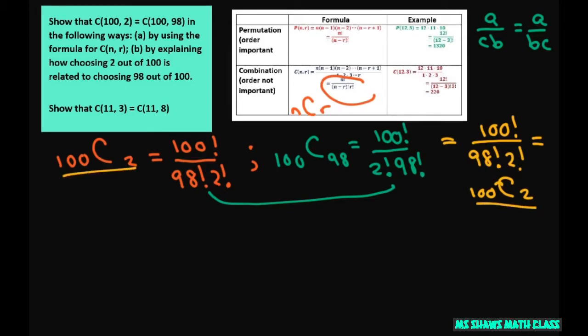Now for the second part, B, so this was A. So for B, explain how choosing 2 out of 100 is related to choosing 98 out of 100. So I'm going to shorthand this.